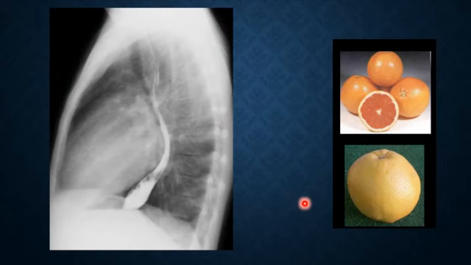If you do a barium swallow, just make the patient swallow barium, okay? And you take a lateral chest X-ray, what will you see? You see something indenting on the esophagus, okay? Indenting on the esophagus. This is the left atrium becoming large. Sorry, just a second.